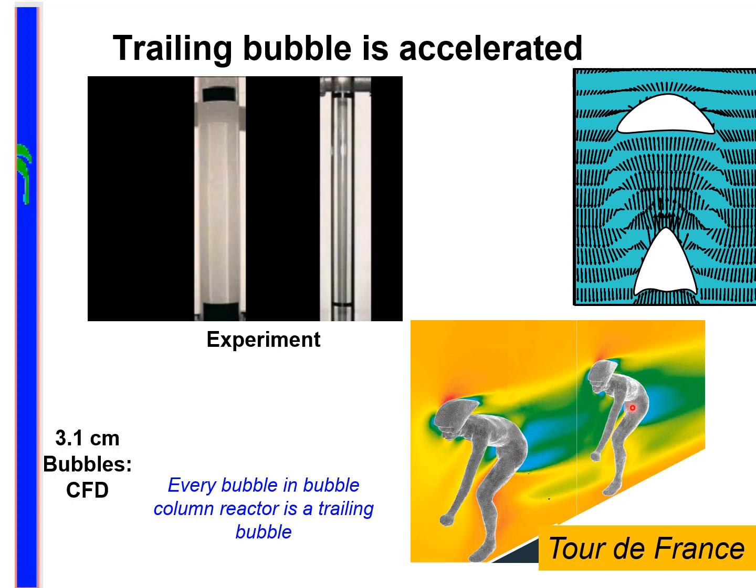And that wake helps to accelerate the motion of the trailing cyclists. Only right near the finish line does the trailing cyclist then attempt to overtake the leading cyclist. This is a very common phenomenon, and the explanation lies in the wake interactions.